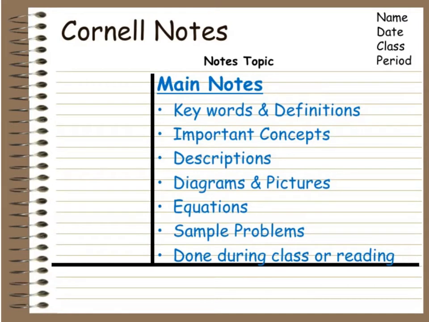Whatever you use your notes for, you do in this main section. But remember, the main part of Cornell Notes is that when you're taking notes, you only write in this section.